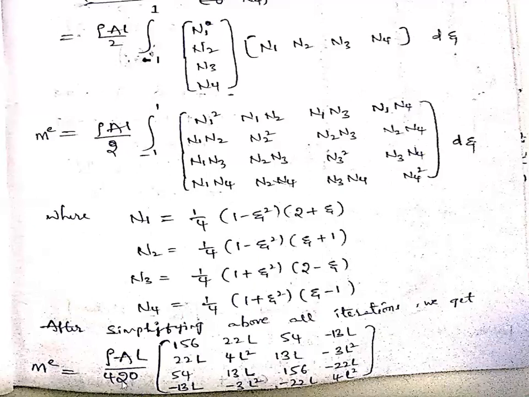This is a 4 by 4 matrix once you complete the integration with respect to d zeta with limits minus 1 to 1.